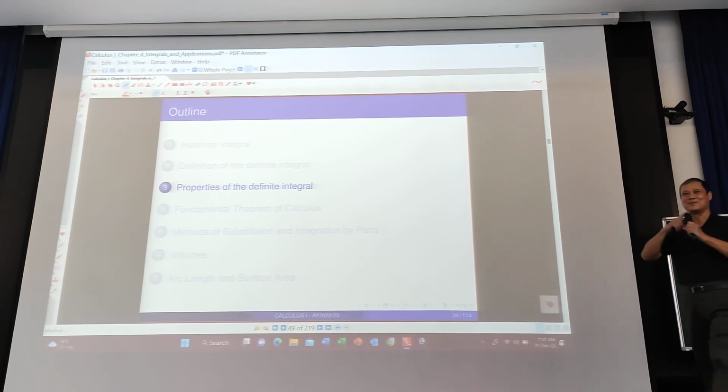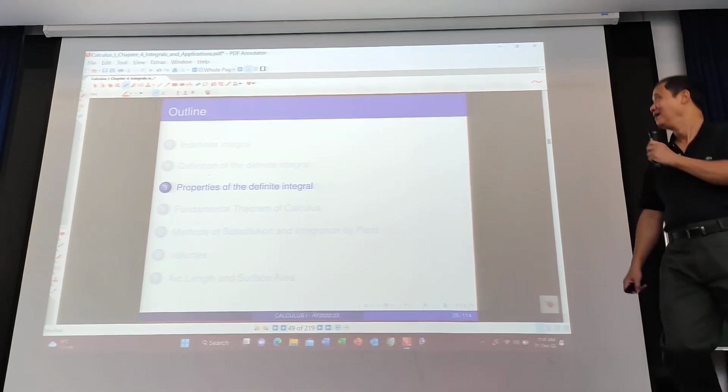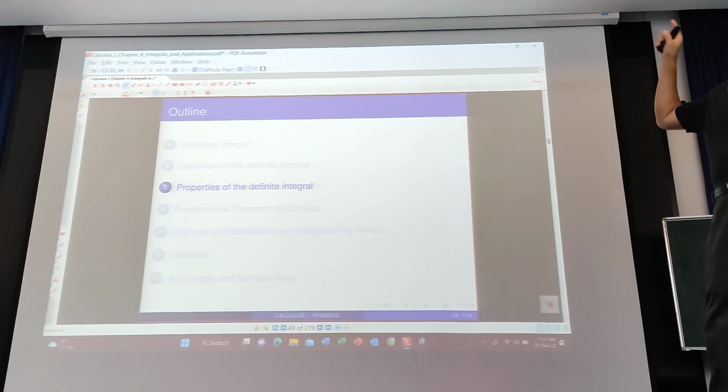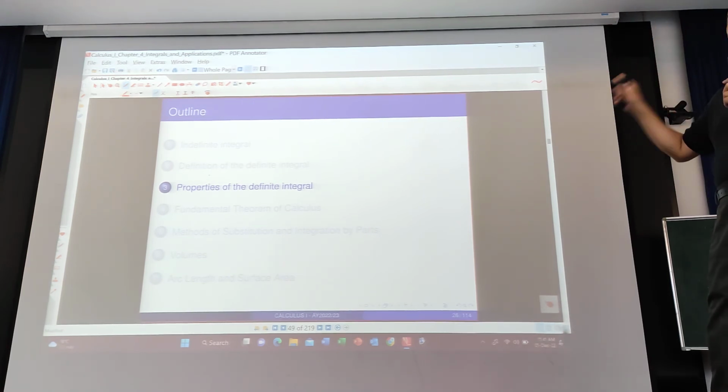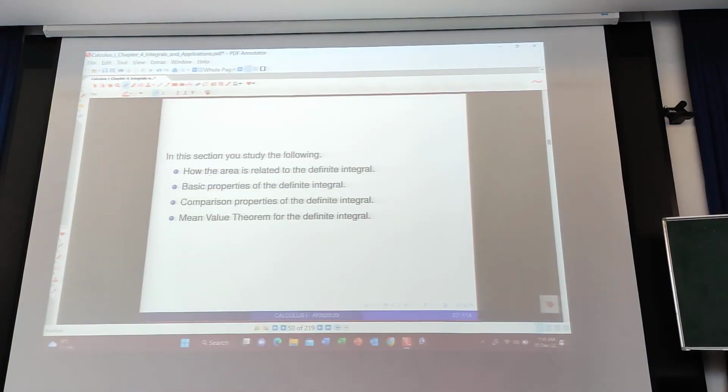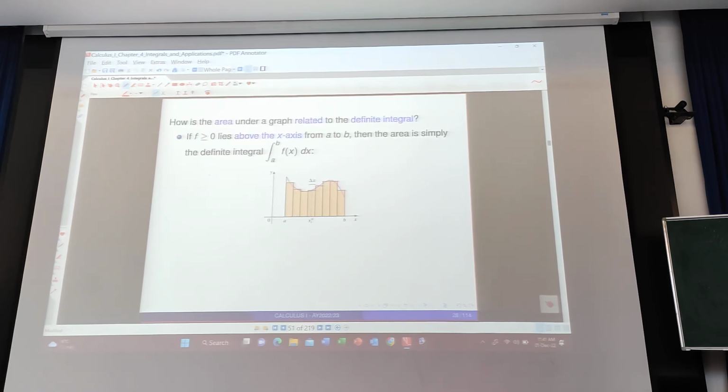Okay, so continue. Now we move to the fundamental properties of definite integral. The first thing we already talked about, but now we mention again how the area related to the definite integral.